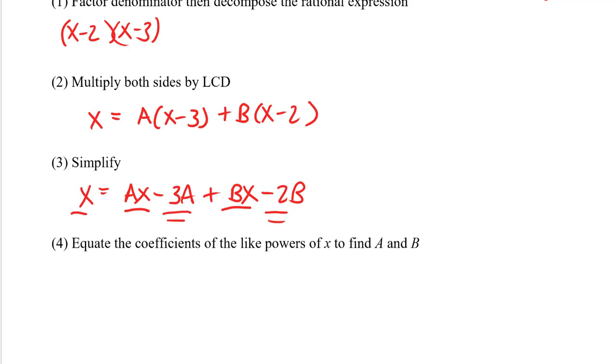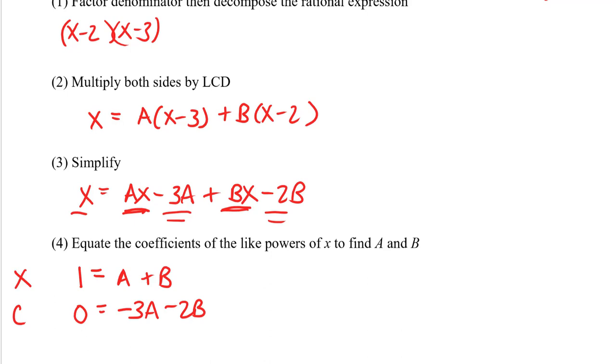So the way I'm going to set this up is I'm going to take the coefficients of the x terms and set them equal to each other. So the coefficient of x is 1, and the coefficient of ax is a, and the coefficient of bx is b. And then we're going to look at our constants. Well, we have no constant on the left, so we'll set that equal to 0, and 0 has to equal negative 3a minus 2b.